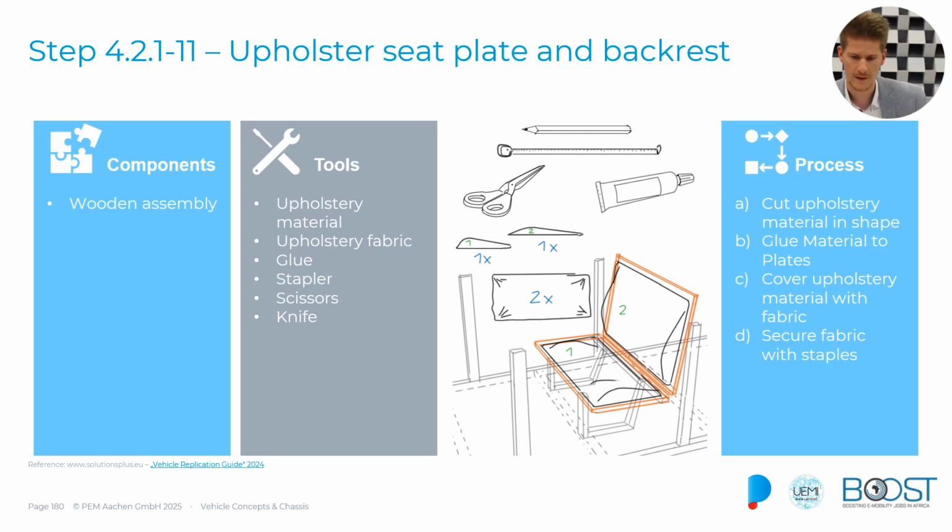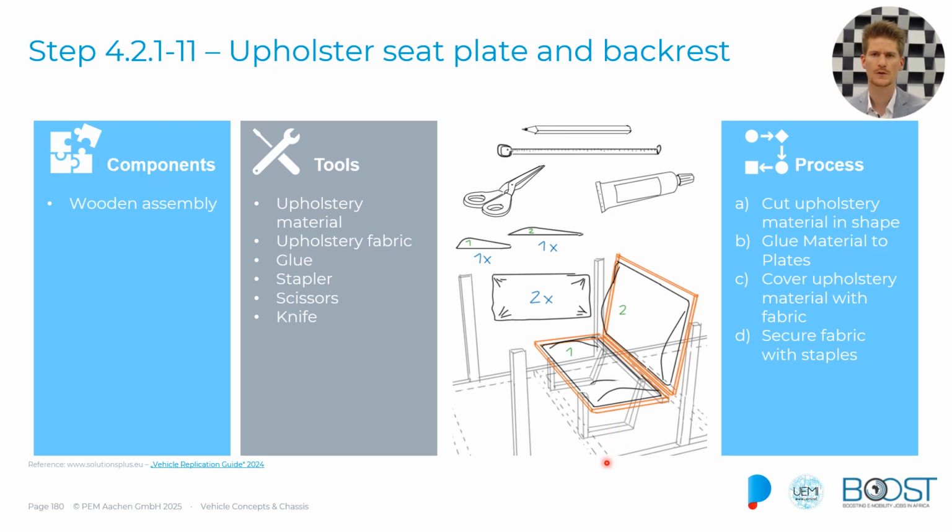So what to do would be to take measure for the foam, then cut the foam into the right size. As you can see here, it should be a little bit above the edges of the wood planks, and then you will glue foam onto the wood plank.